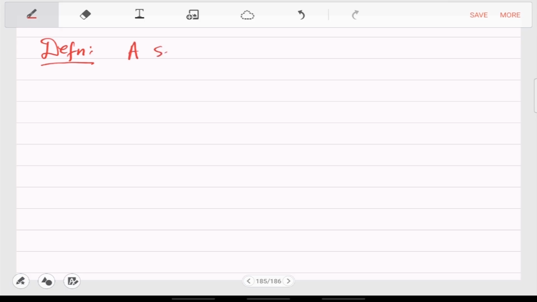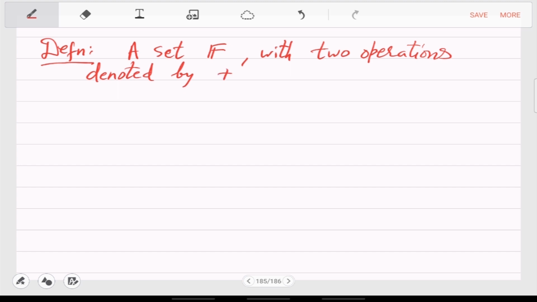So a set F with two operations which we will always denote by plus and multiplication.